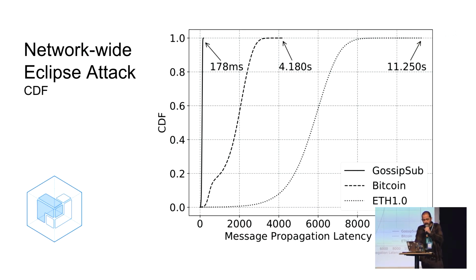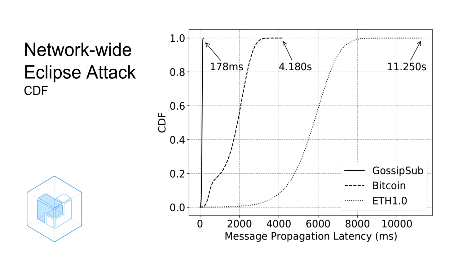We use testground. If you don't know it, you can check it out at testground.ai. Very nice tool. And here are some results. We have a network-wide Eclipse attack. So the setup, as I said, is 20 attacker nodes to one honest node. And we have in total 5,000 peers that boot up and basically act as sinks for all the messages. They receive messages, but they don't propagate anything.